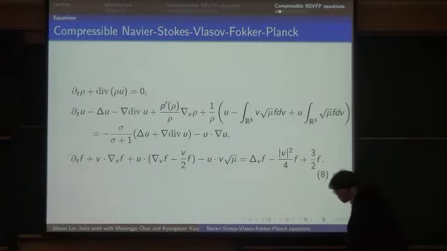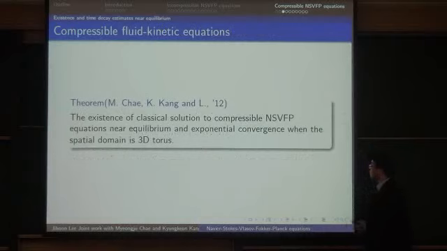For this case, we can consider near equilibrium: if the initial data is very small for the previous equations, then we can show the global existence of the classical solutions to these equations. And in the 3-dimensional torus, we can have exponential convergence.